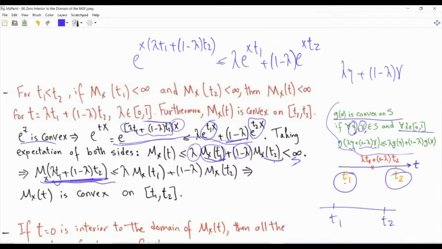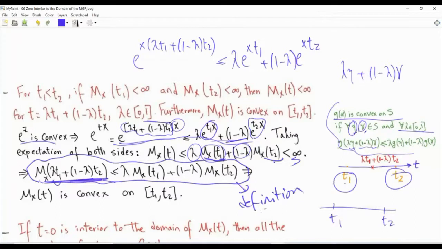But you get more, because if you stare at this inequality, this is the definition of convexity. So it means that between t1 and t2, the moment generating function is convex. And this piece of information may be important because later we will use the moment generating function in an optimization problem called the Chernoff bound.